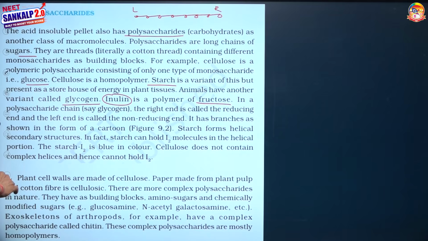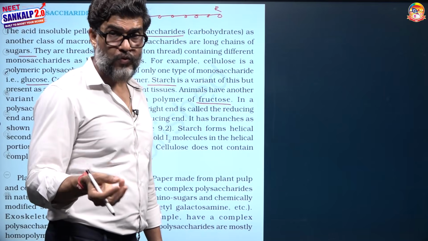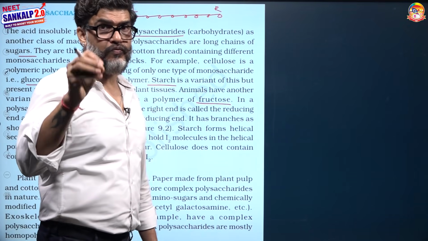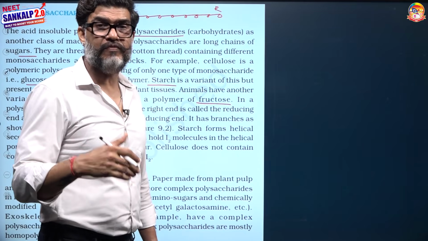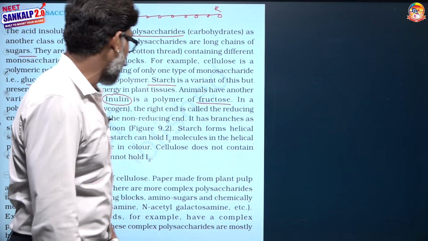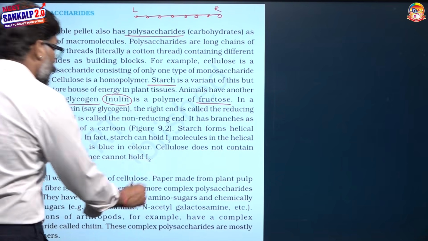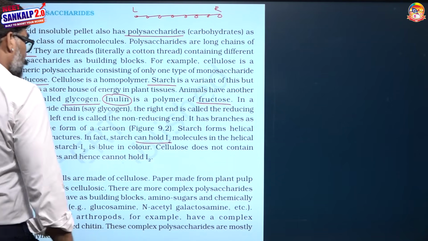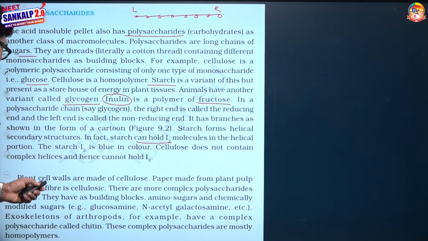Cellulose does not contain complex helices, hence cannot hold iodine. But starch has the helical structure, so when you treat starch with iodine, the iodine will be held in these helices and will give the characteristic blue color. Starch can hold iodine molecules in the helical portion, that is why it appears blue colored.